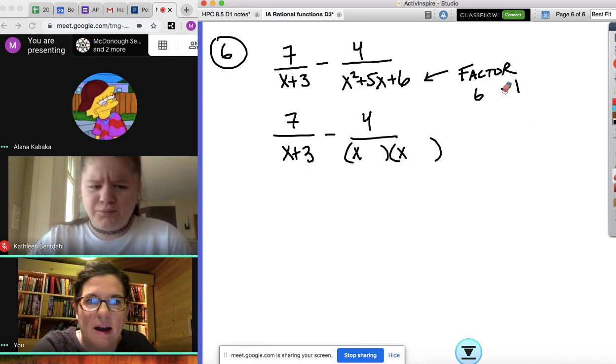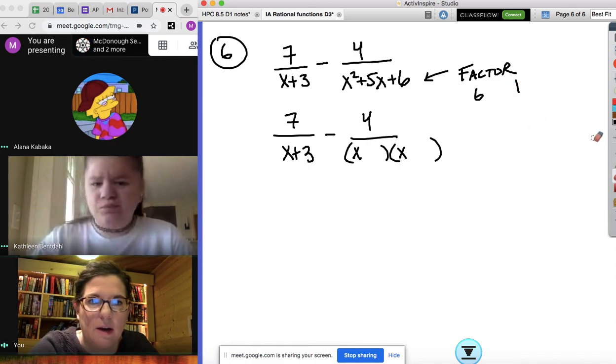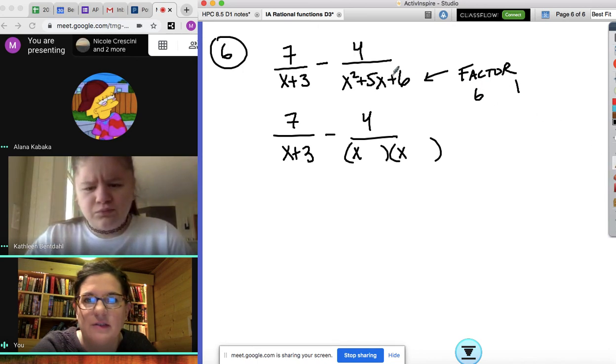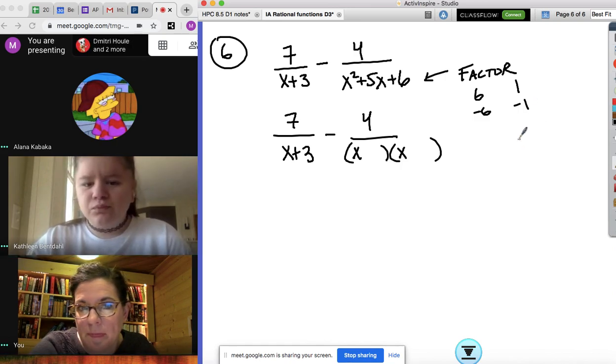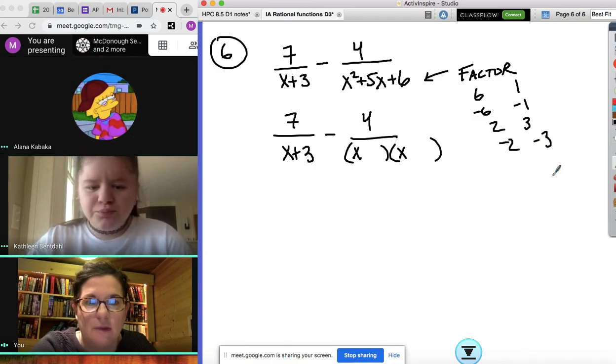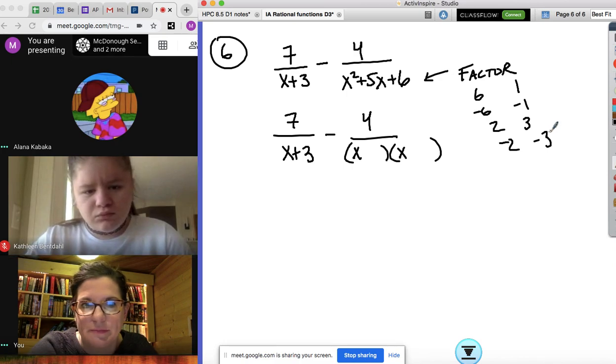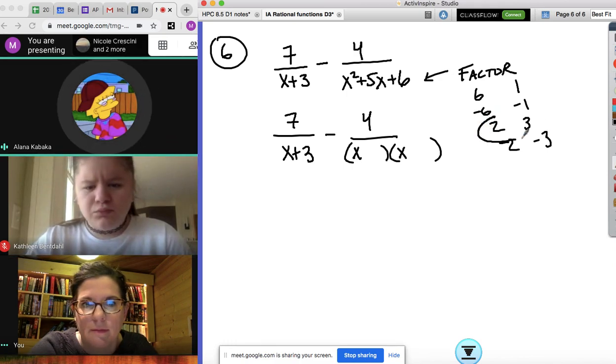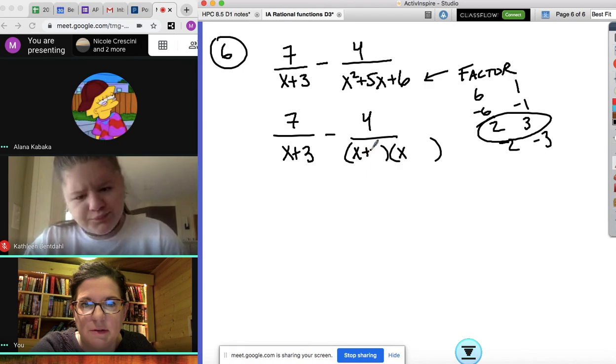So that option won't work. It's got to be either, okay, so things that multiply to 6: 6 and 1, they'd have to both be positive or both be negative. 2 and 3, yep, or -2 and -3. Okay, so out of all of those options, which one adds to 5? 2 and 3. Yep, so it's x plus 2, x plus 3.